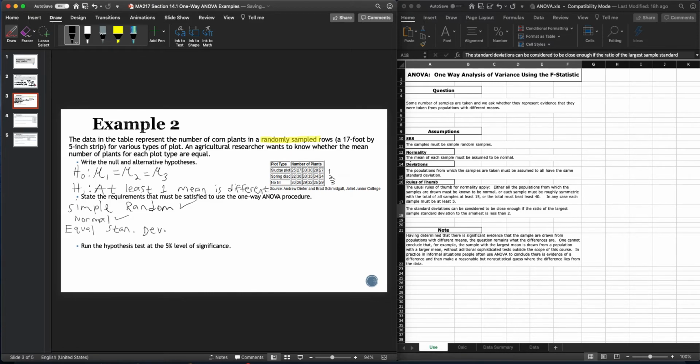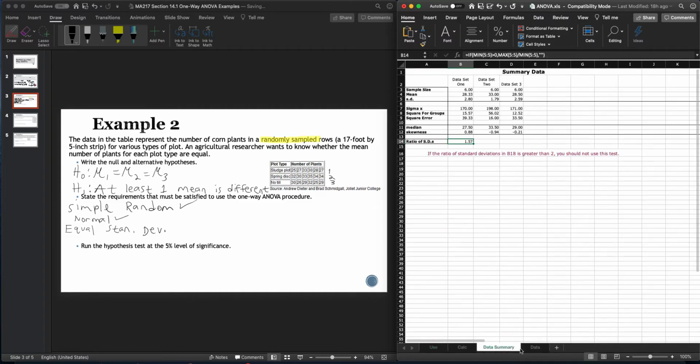The standard deviations being equal, again, we're not really told what they were. But if we look inside this data summary tab, we had a ratio of standard deviations of 1.57. As long as that number is less than 2, then the standard deviations would be pretty close to each other.